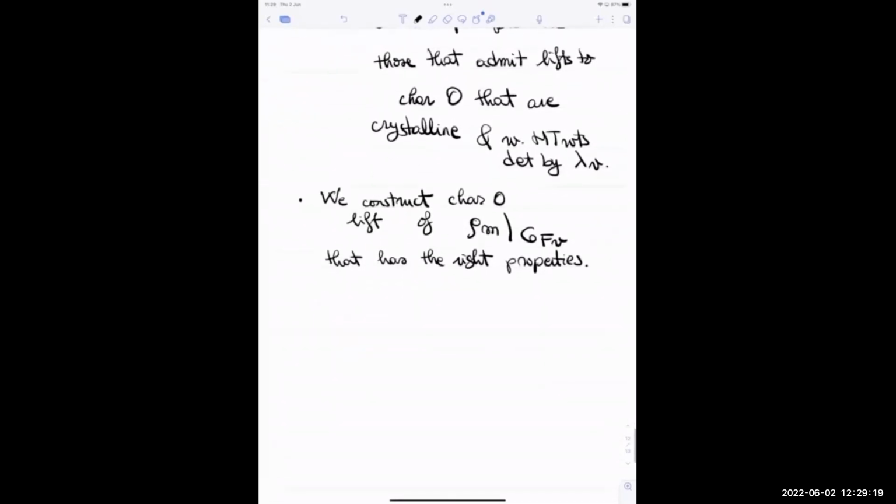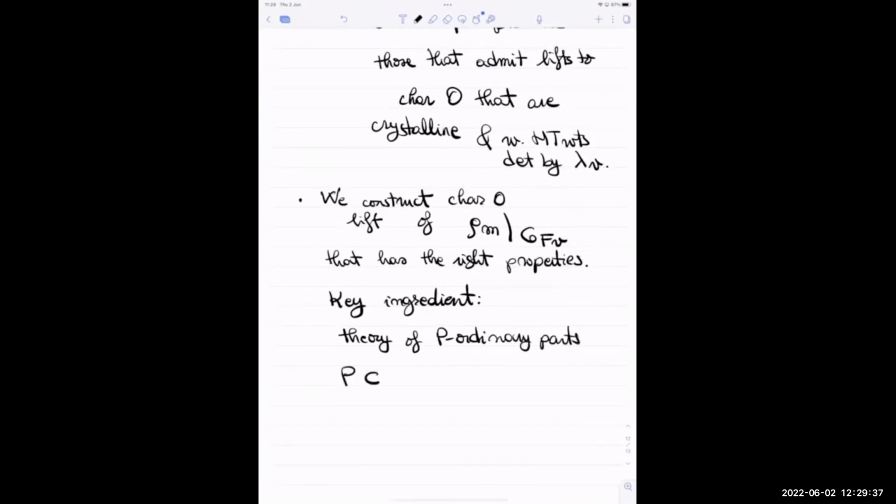So the key ingredient, now I think you can see it, and this is really the last, is the theory of p-ordinary parts, where P is now a parabolic inside G tilde, where G tilde is roughly something like U(N,N) over F plus. And this has Levi quotient our group G that we're interested in.